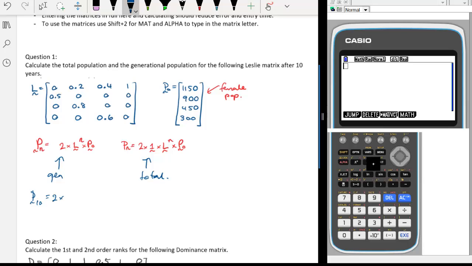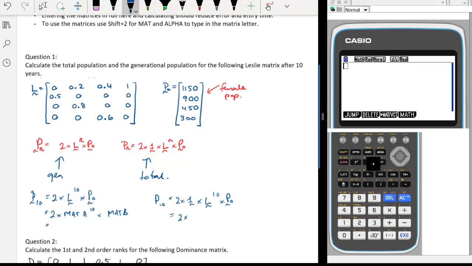So we've got 2, and then we've got our Leslie matrix to the power of 10, and then our initial population matrix. So this is going to be 2 by matrix A to the power of 10, and then multiplied by matrix B. When we're looking at calculating the actual population, so P10, not a vector anymore, it will be 2 multiplied by the 1 matrix, multiplied by the Leslie matrix to the power of 10, and then the initial population.